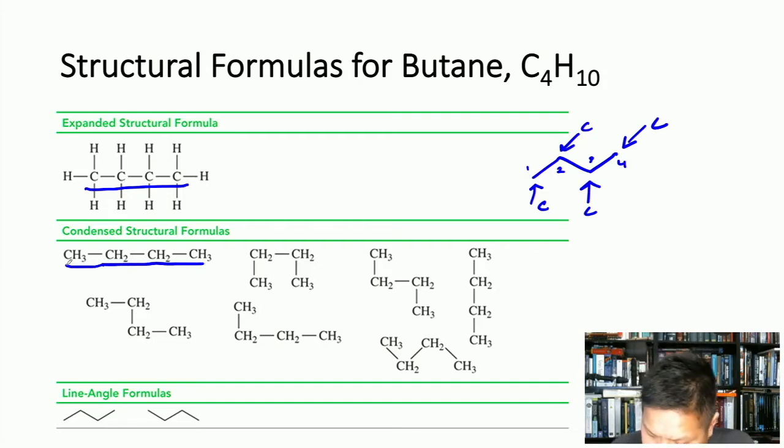Well, if there's only 1 bond connected from 1 carbon to another, that means the end carbon here has to have 3 hydrogens bonded to it. That's assumed in organic chemistry. When you have a single bond to a carbon and no other bonds connected to it, it's got 3 hydrogens on it.